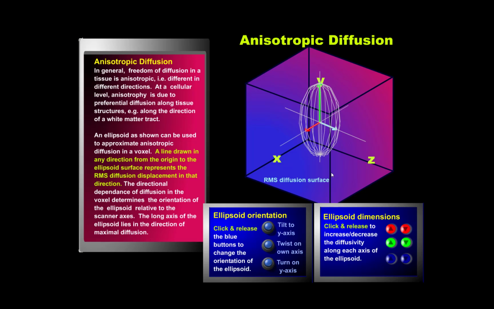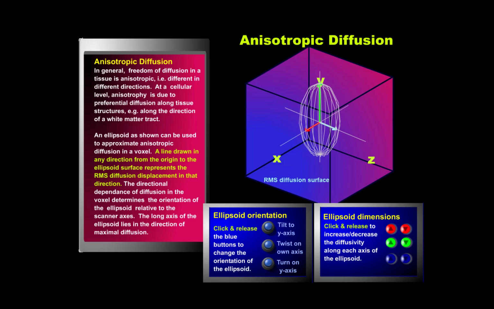Okay. Now, for any given voxel, the anisotropic diffusion in that voxel can be represented by an ellipsoid surface, as shown here. So the idea here is that the surface represents the root mean square diffusion in any given direction.